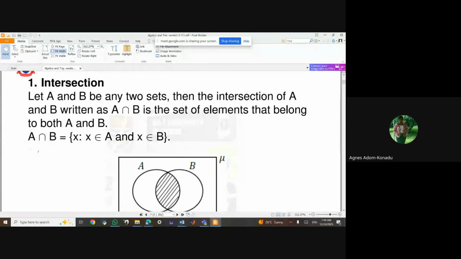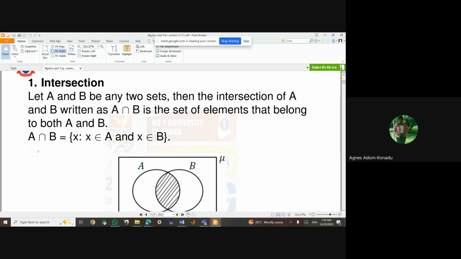Okay, so you are all correct. If I let A and B be any two sets, then the intersection of the sets A and B, written as A, then this symbol that looks like an upside-down U, B, is the set of elements that belong to both A and B. So what you said is correct.